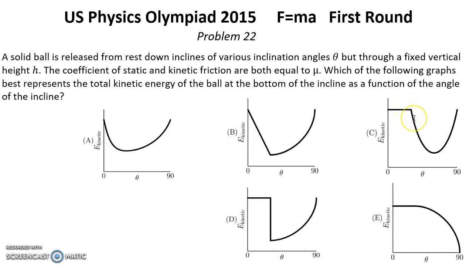If we increase this angle, this loss of energy will increase, and after we reach the minimum, the loss of energy starts to decrease and finally goes to zero. It means that here we are not losing energy. But on graph D, we start to lose a lot of energy just after the critical angle, which is not true. So the most possible diagram is C.